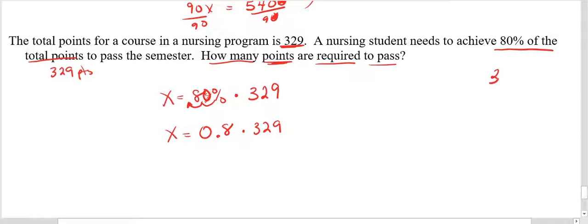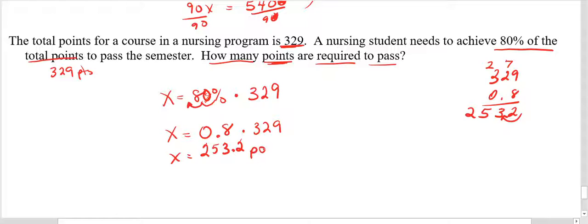So I'm going to go over here and do 329 times 0.8. 8 times 9 is 72. 8 times 2 is 16, and 7 is 23. 8 times 3 is 24, and 2 is 26. I have one decimal place, so I have to move that 1. So the student has to have 253.2 points to pass the class.